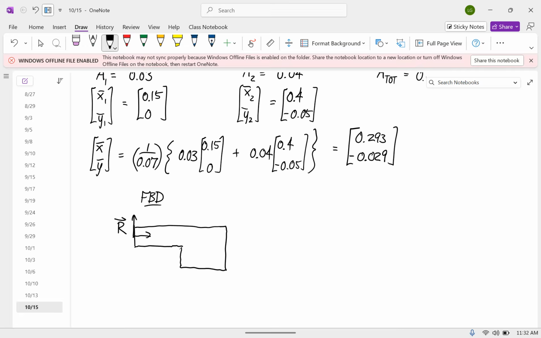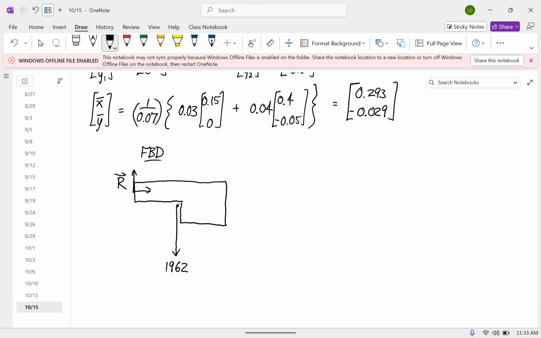We have this weight force acting there, and this thing has a mass of 200 kilograms. So 200 times 9.81 is 1962.